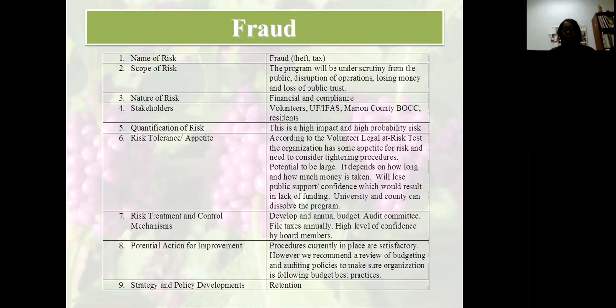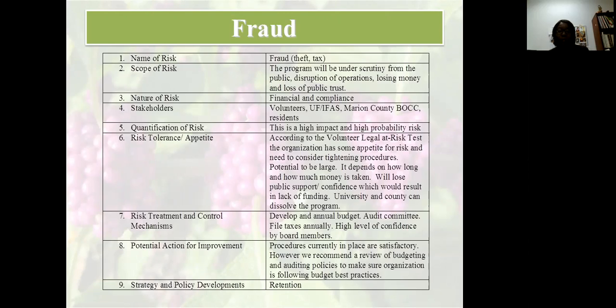organization, we develop an annual budget, and we have an audit committee that looks at our books every year, and we file our taxes, and we have a high level of confidence in our board members. And so even though fraud is a possibility of happening, we thought that we have some measures in place that, you know, we're doing well.